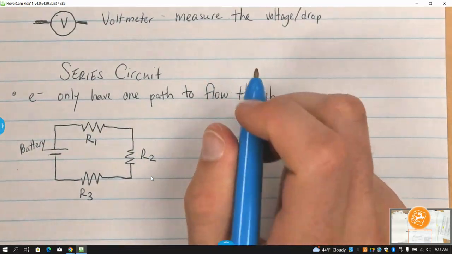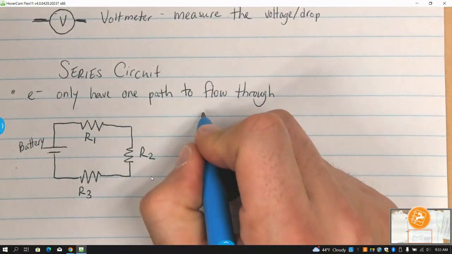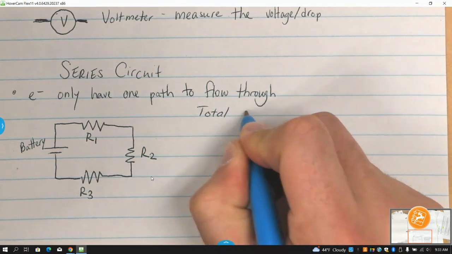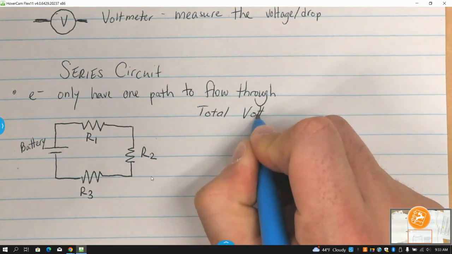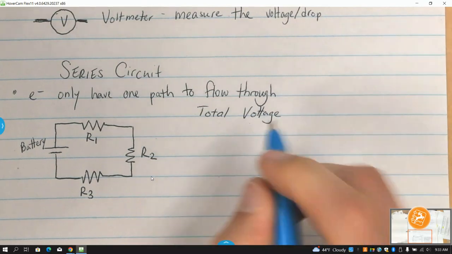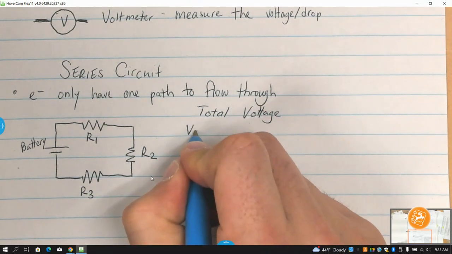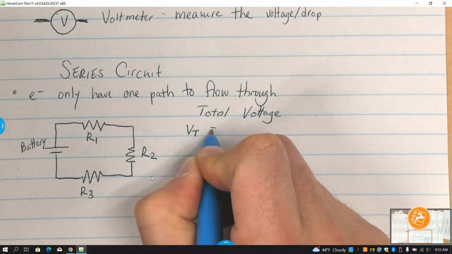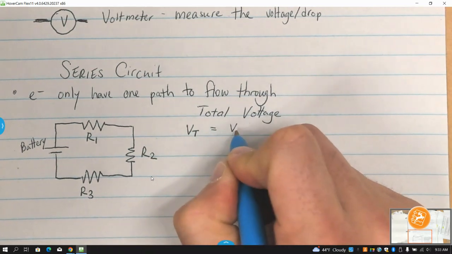So one of those, I'm just going to write these. Total voltage is being represented by VT. That is going to equal the voltage drop.